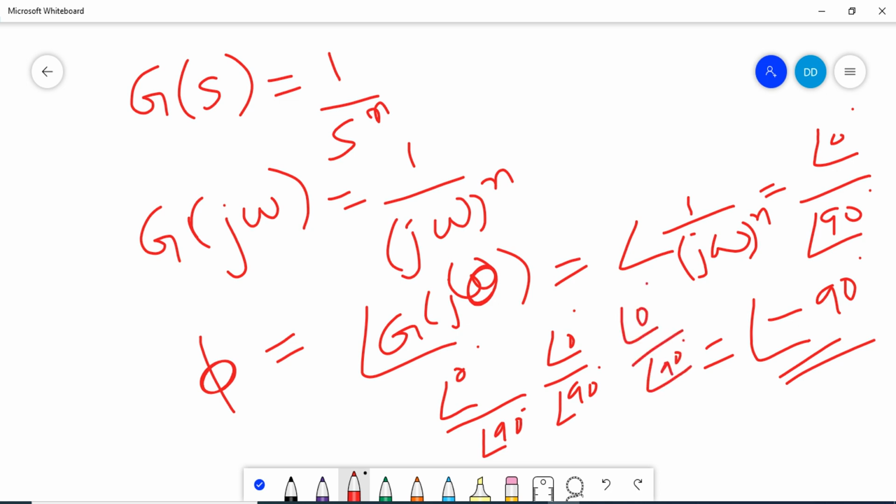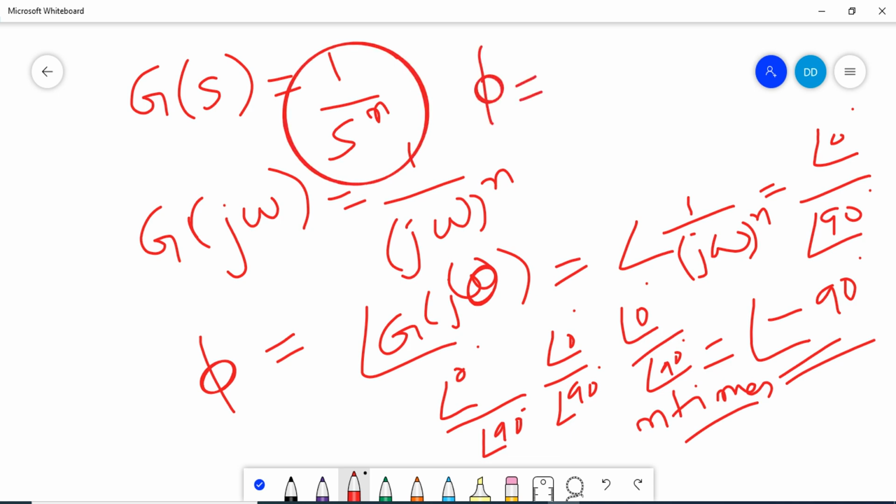So we can write our phase angle for n poles at the origin as φ = minus n into 90 degrees. That means if we have two poles at the origin, our phase angle is minus 180 degrees. If we have three poles at the origin, then our phase angle is minus 270 degrees and so on.